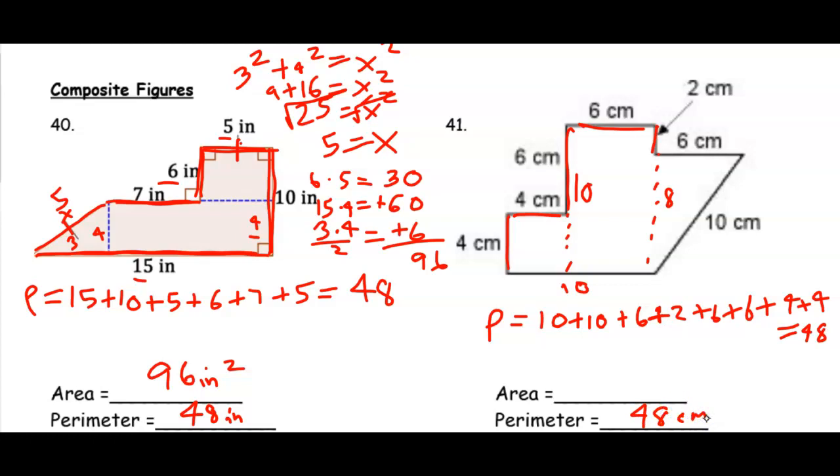Let's find these areas. So this one over here, 4 times 4 gives me 16. This one in the middle, 10 times 6 is 60. And then this triangle is 6 times 8 divided by 2, 24.